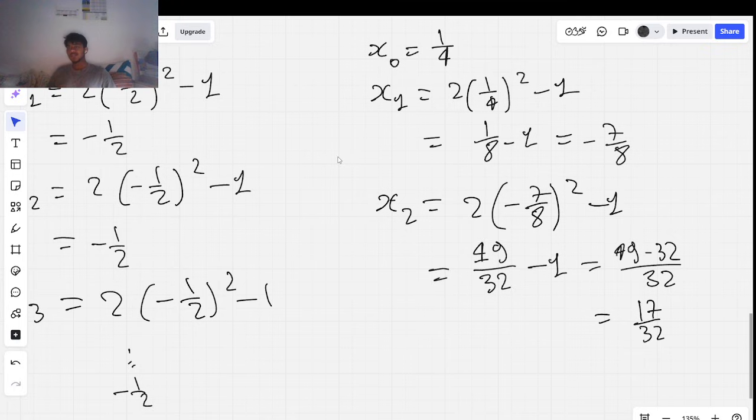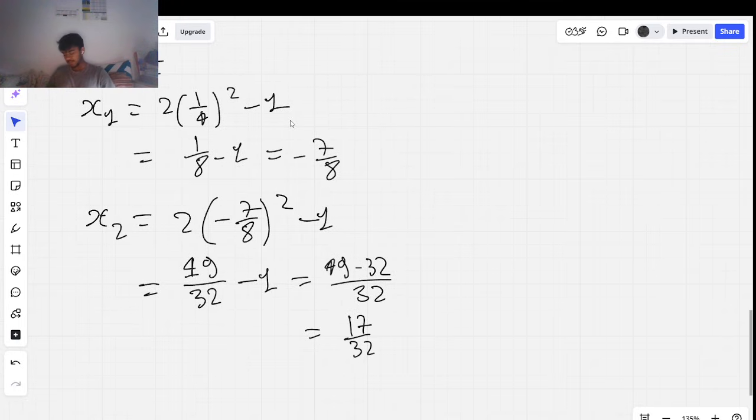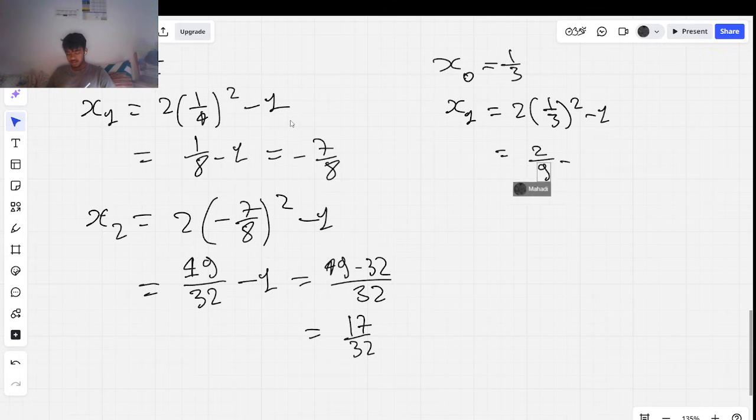Now, I do not think this is going to be periodic at all. Okay, so I'm going to try a different number. And until I have an epiphany, I'm going to have to try different values. So x naught equals a third. x1 is 2 times (a third) squared minus 1, which is just 2 over 9 minus 1, which is minus 7 over 9. 7 keeps on appearing, is quite annoying.